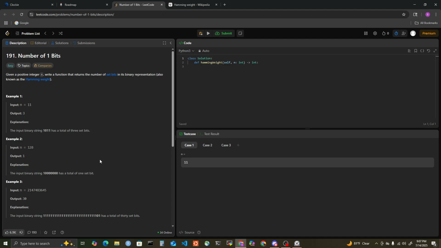So obviously my naive approach would be making a binary converter, which I did beforehand, whenever I did this problem a long time ago. I don't remember how I actually did the solution, though. Making a binary converter and then just tracking the ones, which is a pretty bad solution.